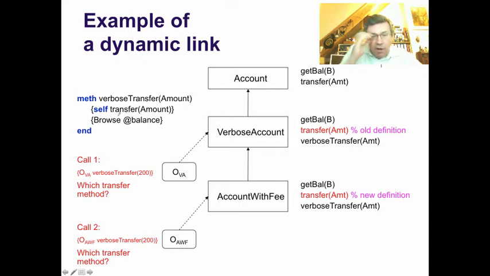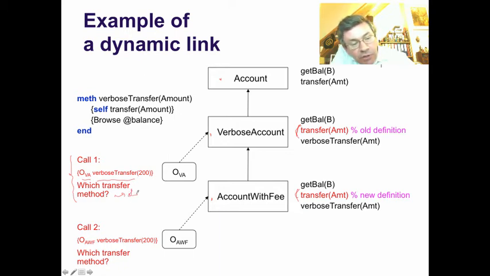So here's a more involved explanation of the same thing. We have here account, verbose account, and account with fee. In verbose account, we have the old definition. In account with fee, we have the new definition. In verbose account, here, we will call verbose transfer. Which transfer method will we call? Of course, it's the one inside the object OVA.